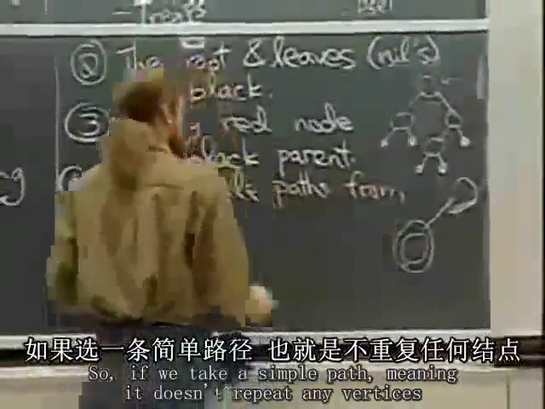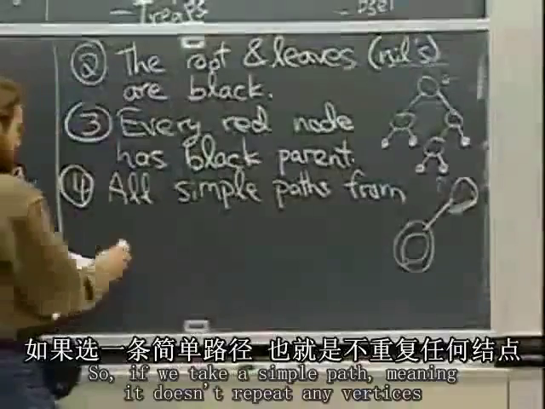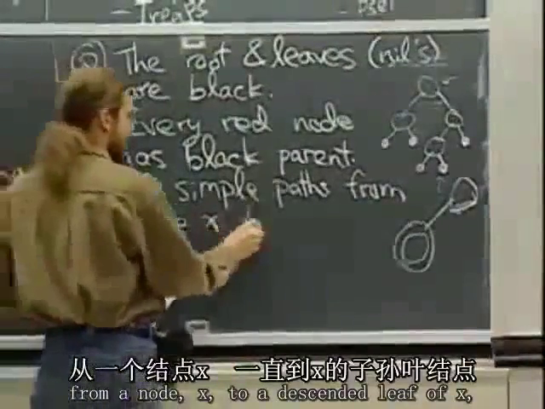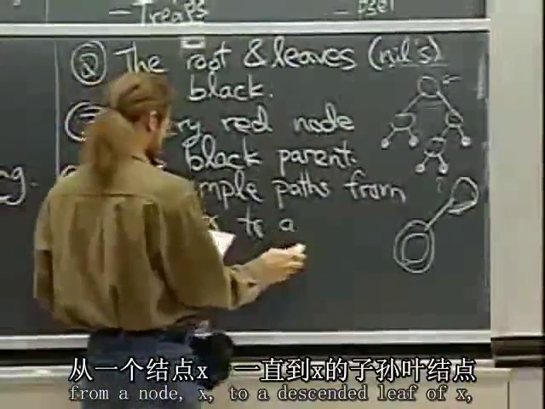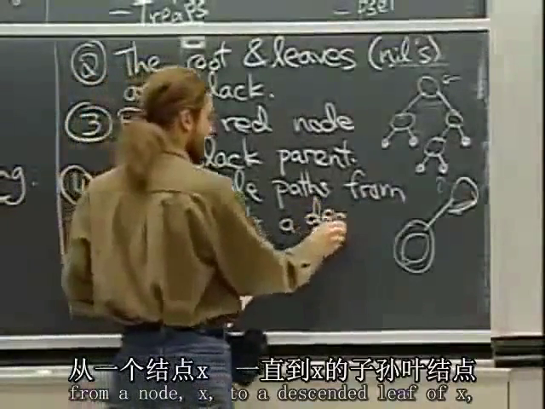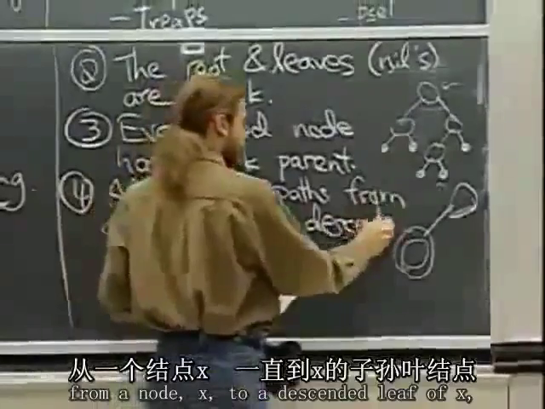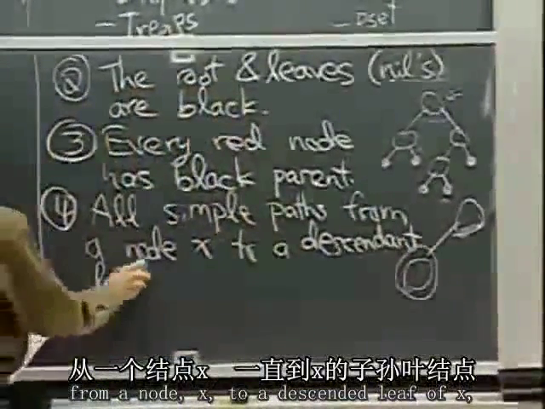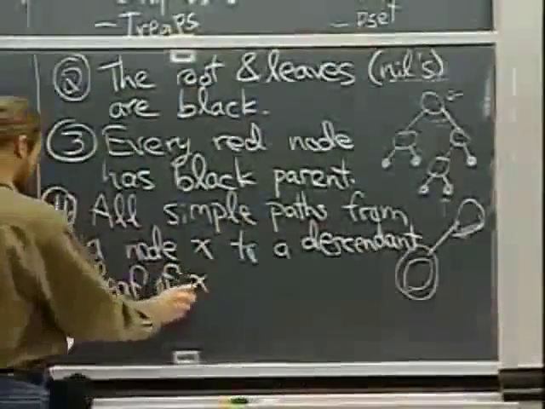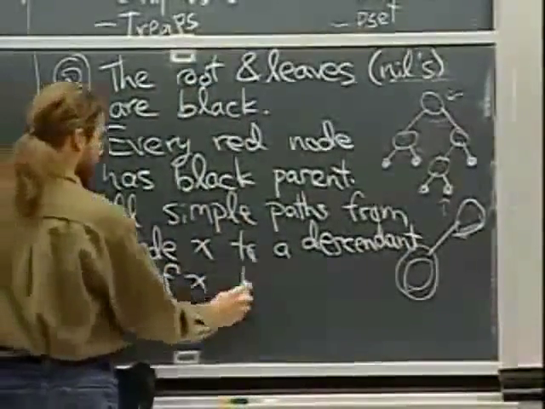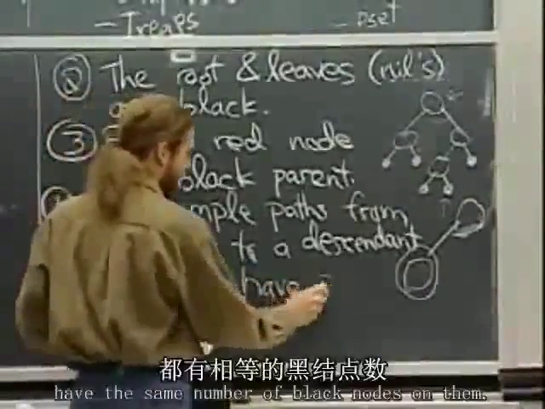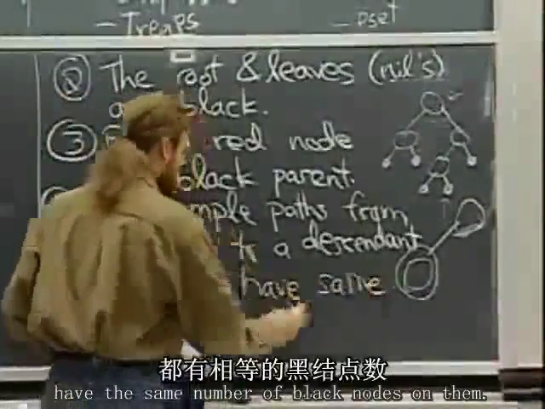So if we take a simple path, meaning it doesn't repeat any vertices, from a node X to a descendant leaf of X, all such paths to all descendant leaves have the same number of black nodes on them.